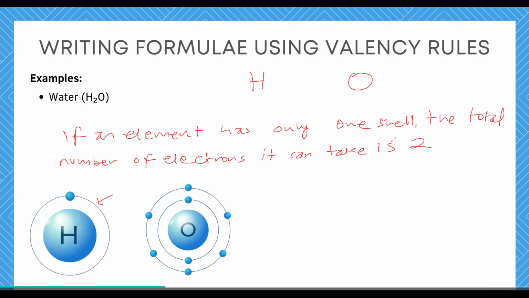And I told you that if an element has one shell, the total number of electrons it can take is what? Two. Good. So hydrogen, how many shells does it have? One. Good. One shell. How many electrons can it take?